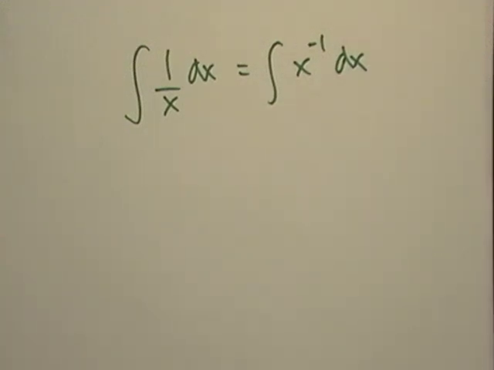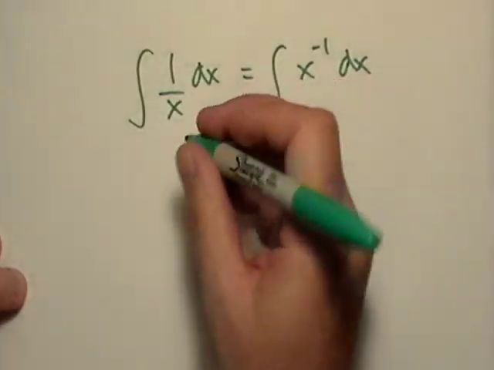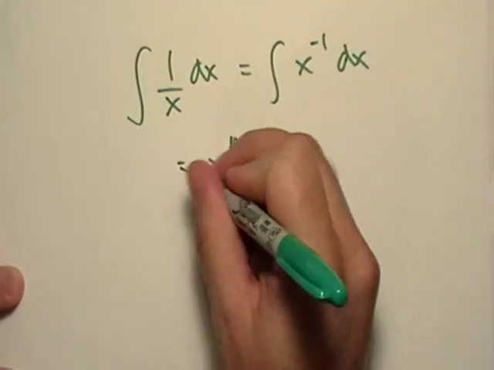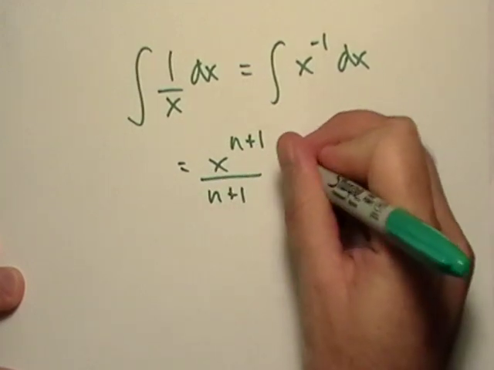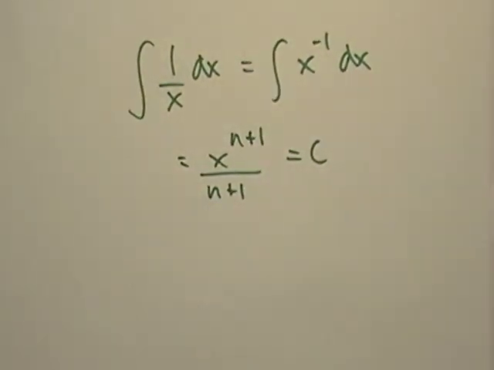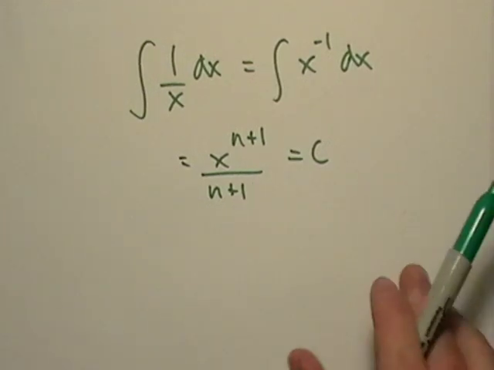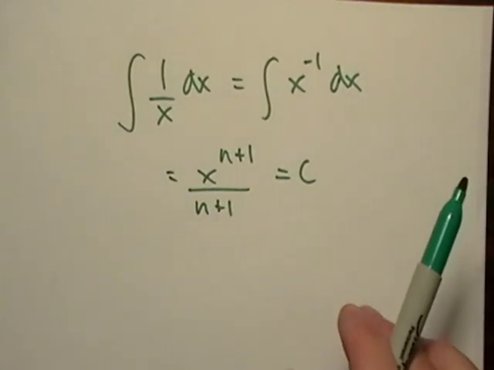I want something that, if I take the derivative of it, I will get x to the -1. But if I use my power rule, I'm going to end up with a -1 plus 1 in the denominator. The boat does not float if we do that.